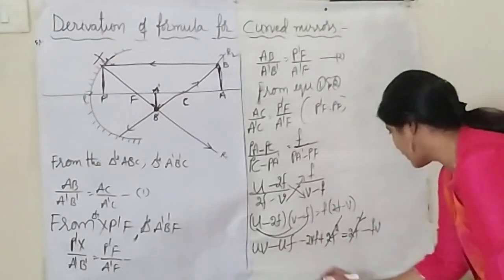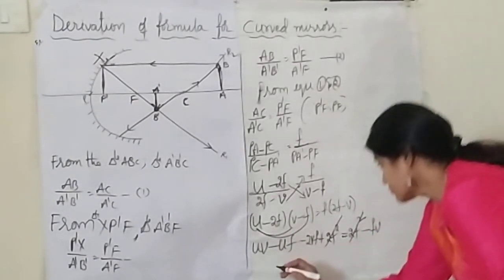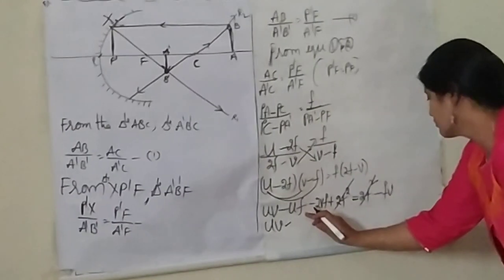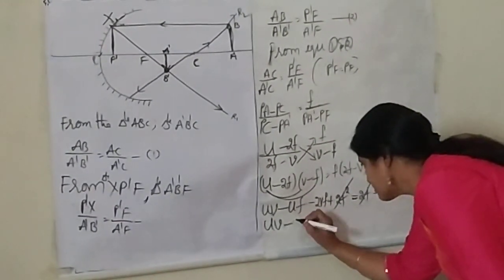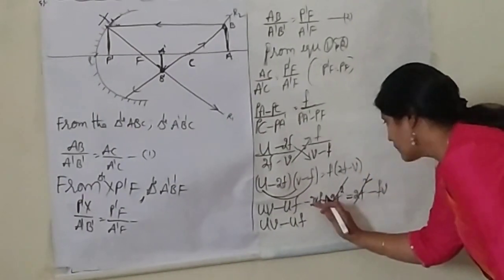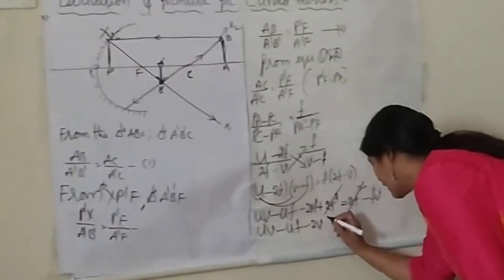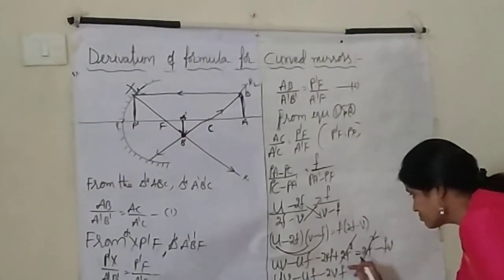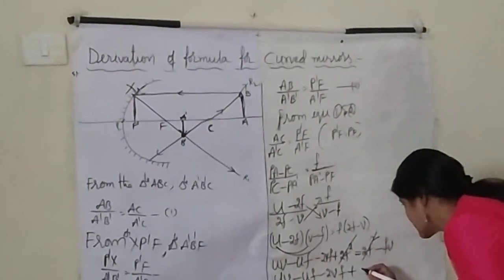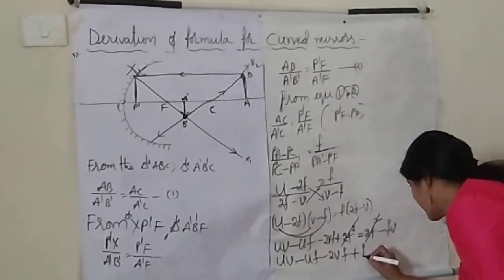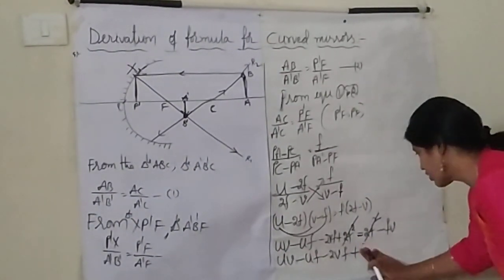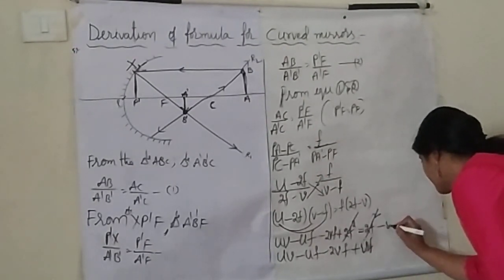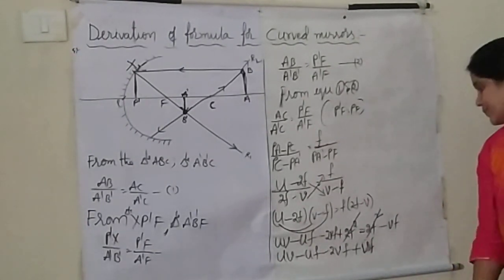Now when you simplify, here UV and here UF, so write it as minus UF, here minus 2VF, and bring this FV to this side. When a minus term is brought to the other side, it becomes plus, then it becomes FV or VF, you can write either, no problem, both are the same. 2 into 3 or 3 into 2, both are the same.